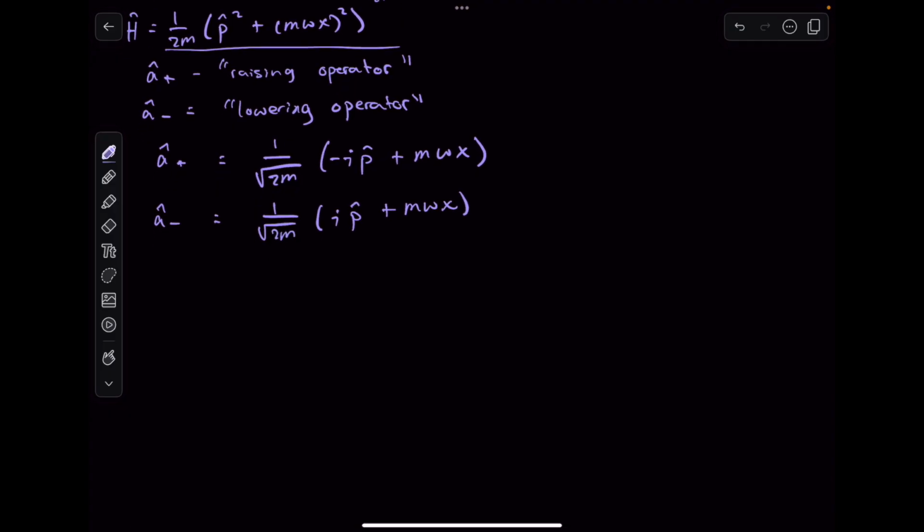And if you're not familiar with working with operators, the order in which you multiply them out actually makes a difference. So this is not going to be equal to this generally. So we have 2 things we want to compute. Let's start with the first one.